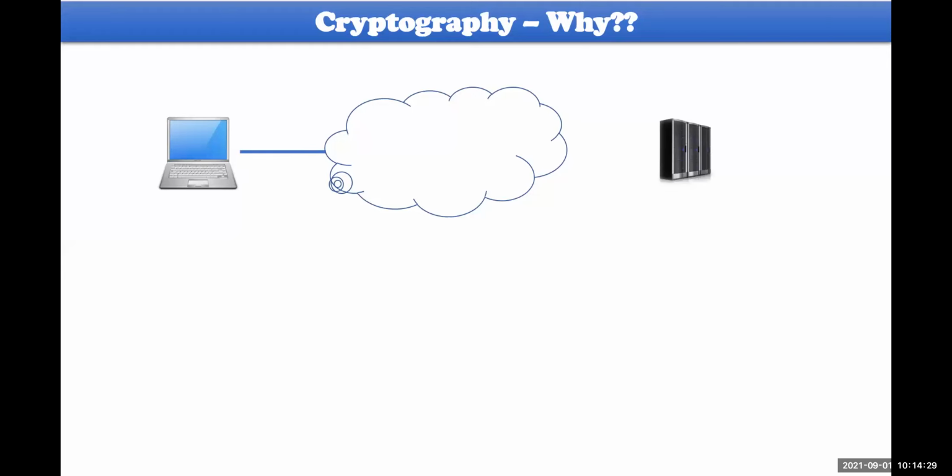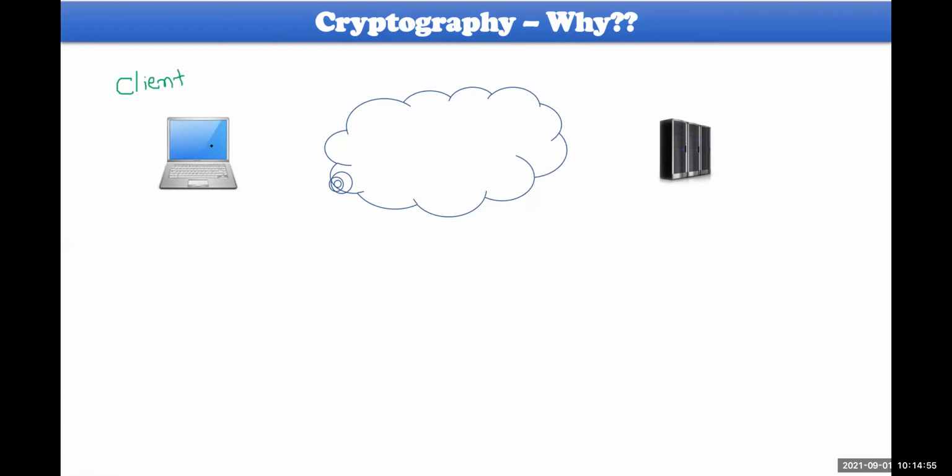What is the basic idea regarding this cryptography here? Let us take into consideration this particular system as a client, and you will always hear two different terms in cryptography and network security.